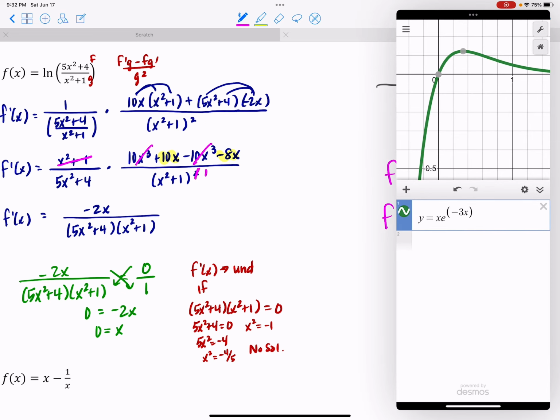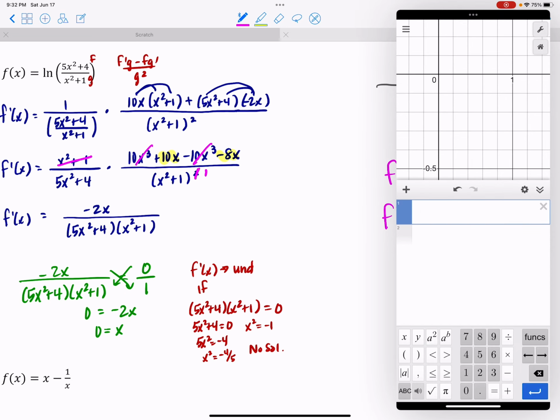So my function is a fraction with a negative 2 times, let's go with negative 1 first. And then the bottom, what a mess. 5 times a negative 1 squared plus 4 times a negative 1 squared plus 1.